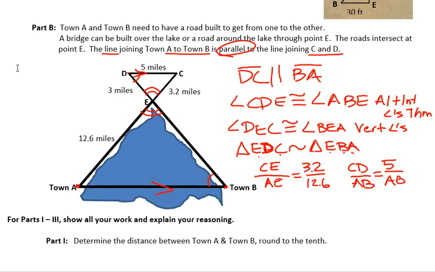So what are we going to do with these two ratios? We're going to set them equal to each other. So we're going to do 3.2 over 12.6 is equal to 5 over AB. We're going to cross multiply, so that's going to be 5 times 12.6 is equal to 3.2 times AB.